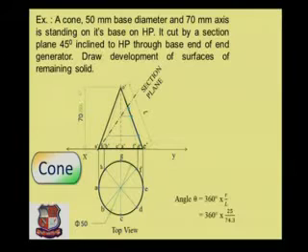This height is 70 mm, so the slant edge would be a little bit more than 70, right? Here it comes out to be 74.3. The radius of the circle is 25 mm, diameter is 50 mm. Putting these values in the equation, we find the angle theta is equal to 121 degree, which is the angle covered in the development of this cone.